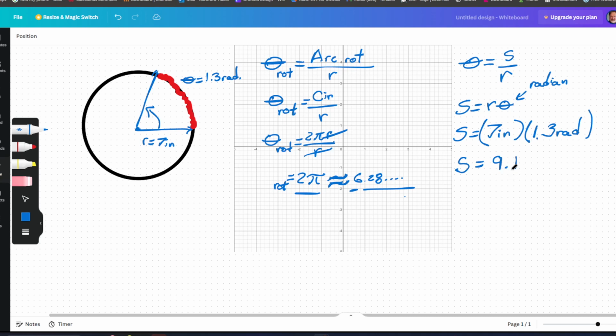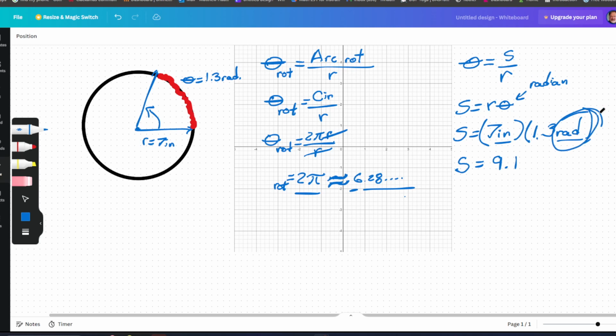9.1 inches. Well, this was measured in inches, so you'd expect this arc length to be measured in inches. But those of you who work with dimensions might be thinking, well, this is inches times radians, so isn't this 9.1 inch radians? What's an inch radian? I don't know what an inch radian is. Well, it's actually not, and the reason is radians are a unitless measure.